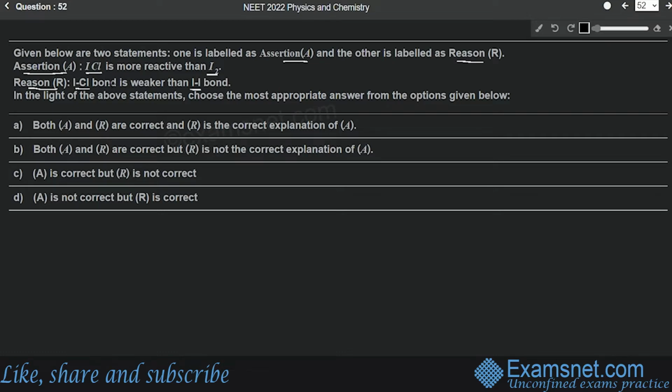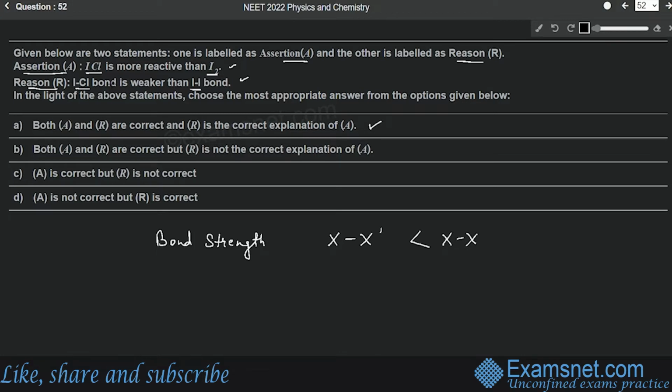Okay. So both are correct and reason is the correct explanation of assertion. So A will be the correct answer. Okay. So just remember that if we talk about the bond strength, the bond strength of interhalogen compound is less than the pure halogen.